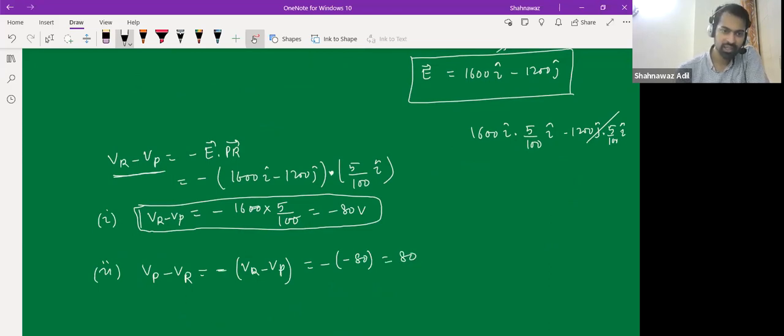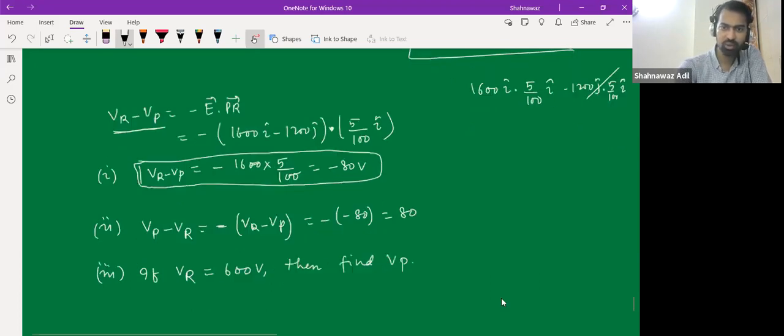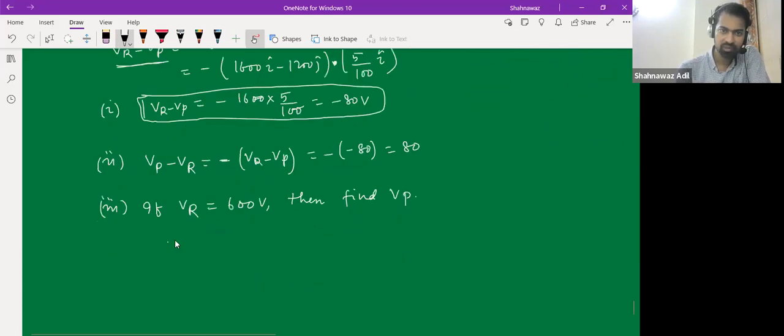And in the third question, it has been asked that if the potential at R is 600 volt, then find the potential at P. So what is given? VP would be VR, plus 80.